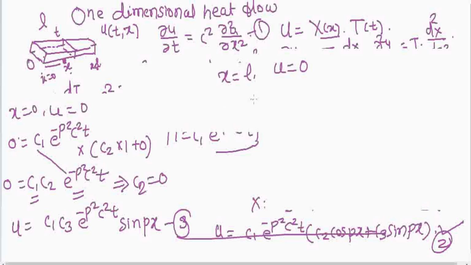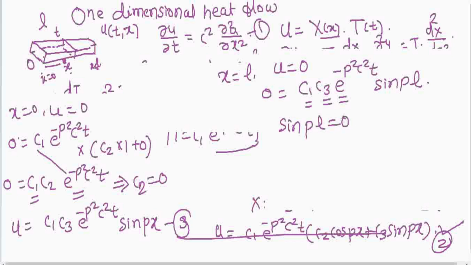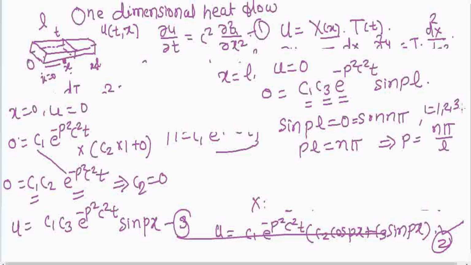Substitute this value in the third equation. 0 equal to c1 c3 e raised to minus p square c square t into sine of p into L. Now c1 is not 0, c3 is not 0, and this exponential term is not 0, so the only possibility is that sine of pL equal to 0, but sine of n pi equals 0. Hence we have pL equal to n pi, and this gives us p equal to n pi divided by L, for n equal to 1, 2, 3, and so on.